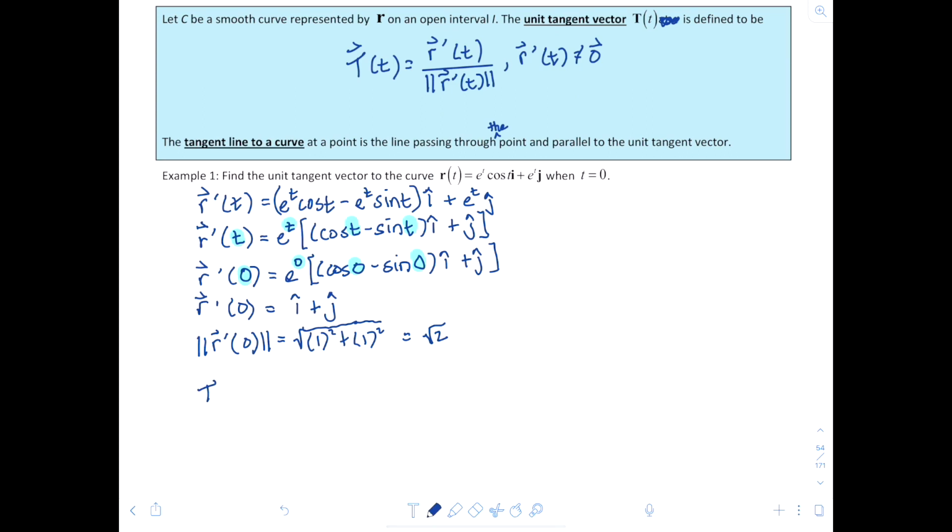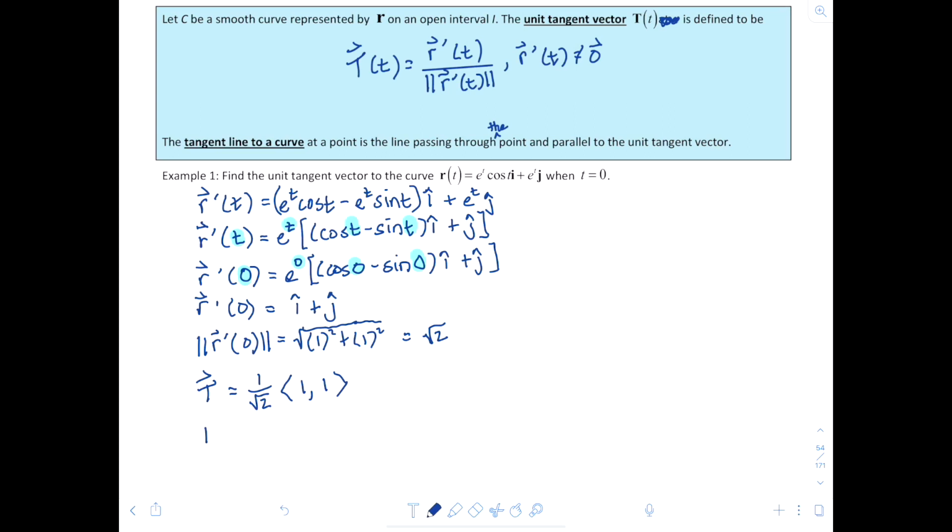Our unit tangent vector to this curve at t equal to 0 is 1 over root 2 times the vector 1, 1.